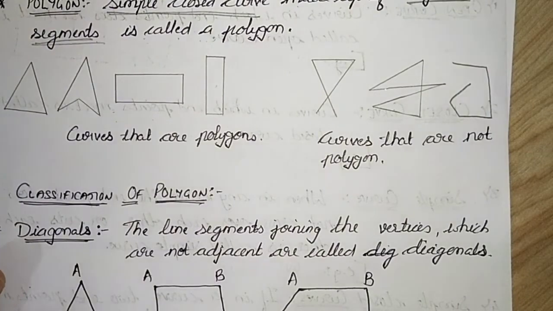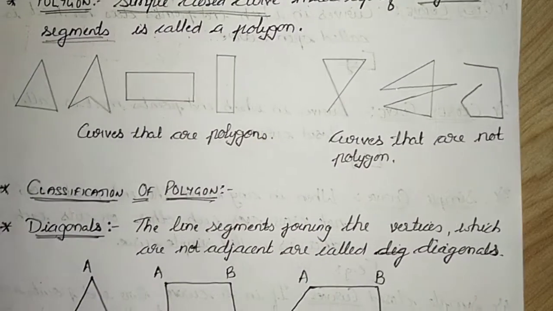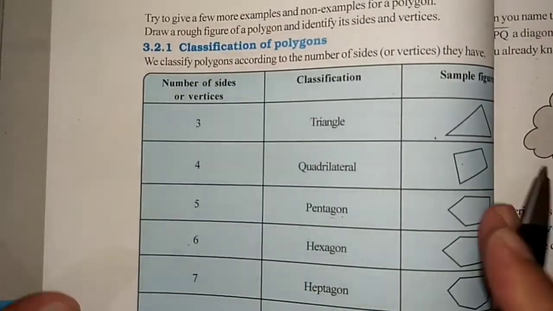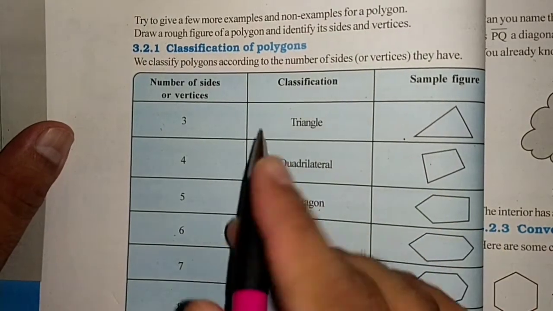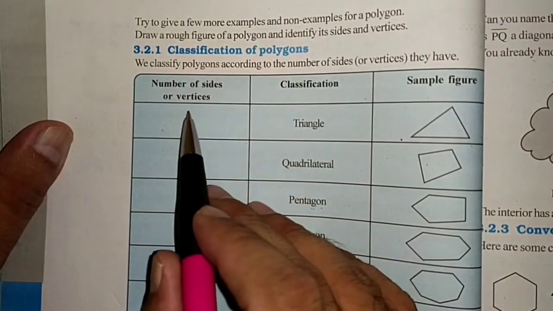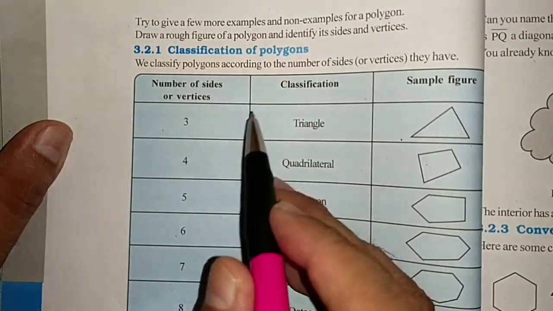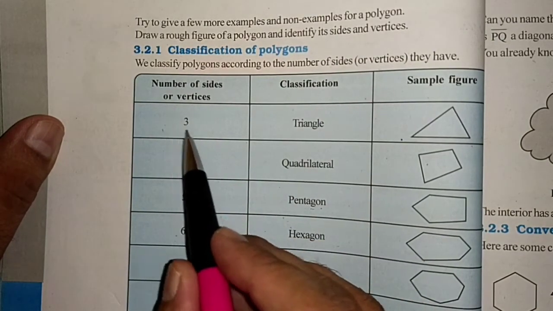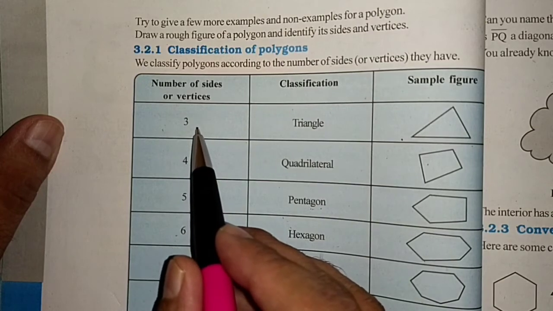Now classification of polygons. For that I will take you to the textbook, page number 38, classification of the polygon. Classification of polygons is made according to the number of sides. The smallest polygon has three sides.